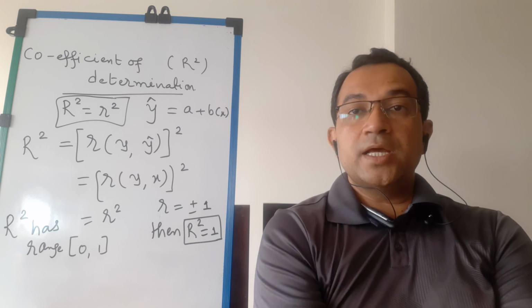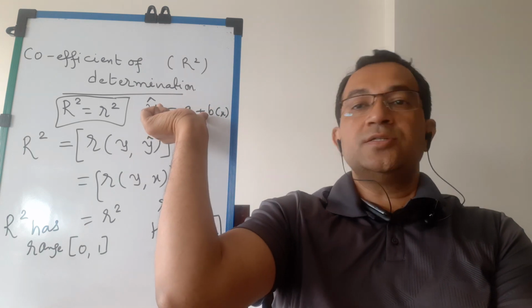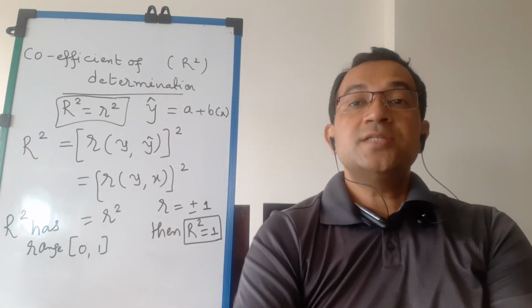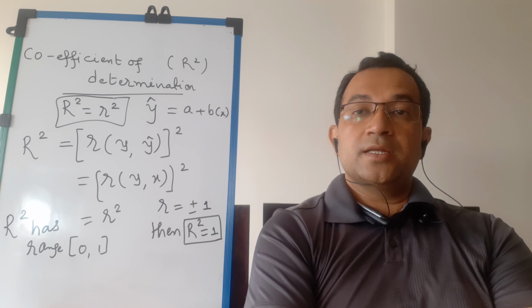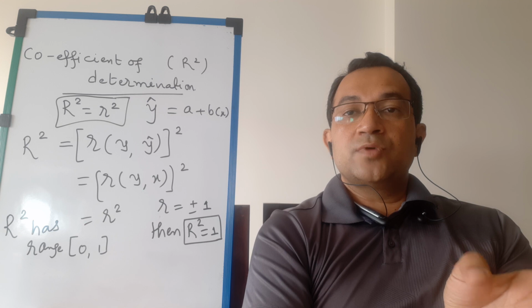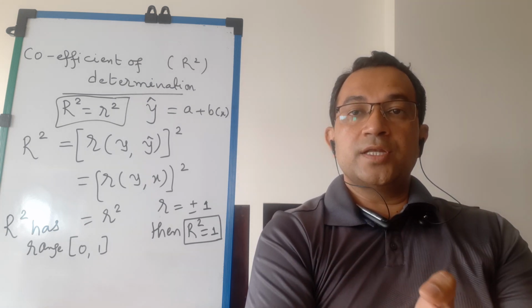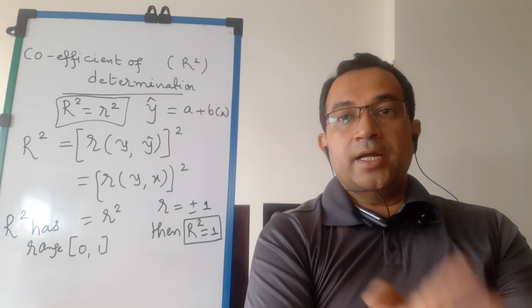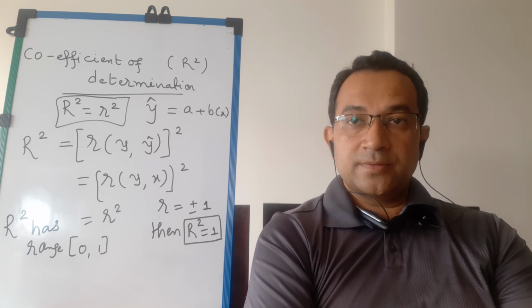Assumption of linearity of regression invalid means this regression line is not reliable, and hence the estimates, students, obtained from regression line are not reliable. So capital R square close to 0, assumption of linearity of regression invalid, and hence estimates are not reliable.